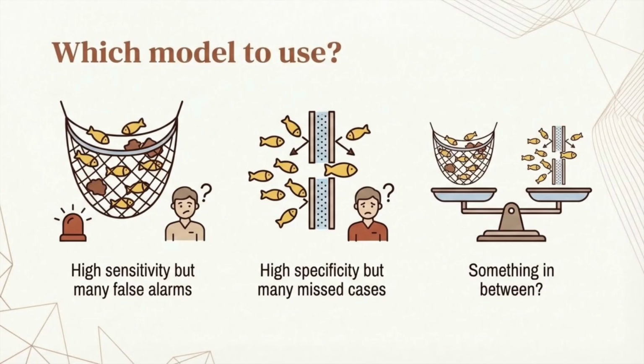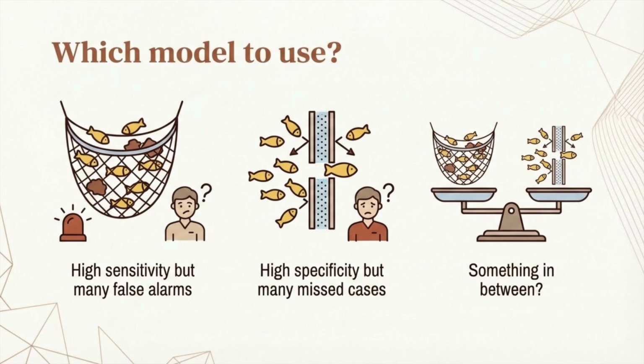But we still need to choose a model. Usually it's a trade-off. We can choose a very sensitive model with many false alarms, or we can select a very specific model that is very accurate, but a lot of cases will be missed. So what should we choose?